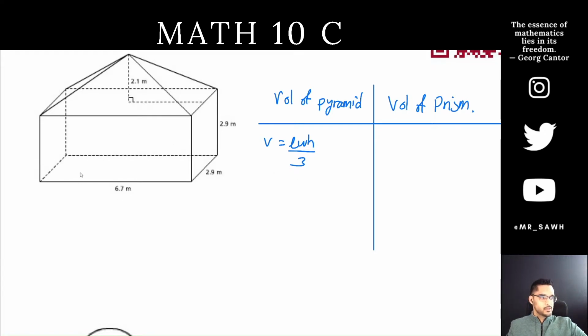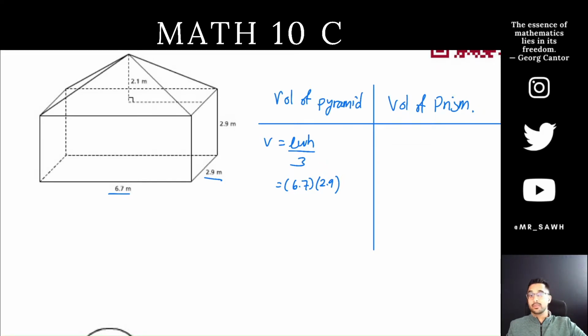The dimensions that you can see are the same ones that are on that prism. So the base of our pyramid is 6.7 meters by 2.9, and then the height of it. There are two different heights we talked about, either the vertical height or the slanted height down the side of that pyramid.